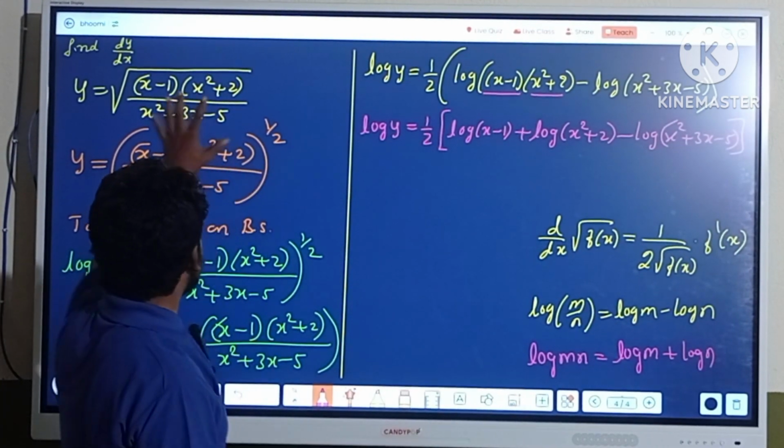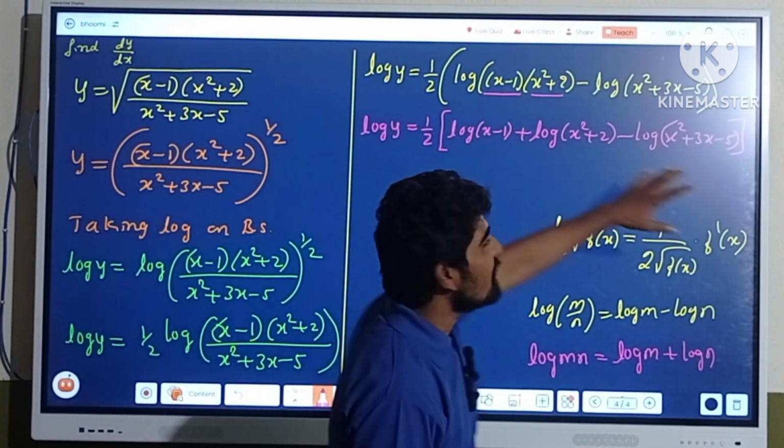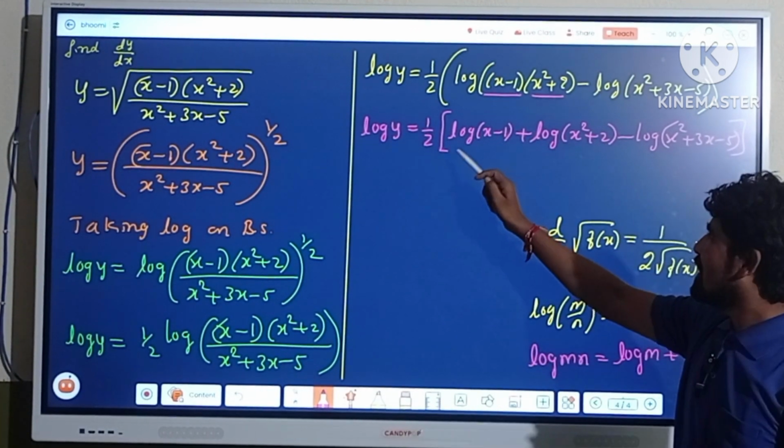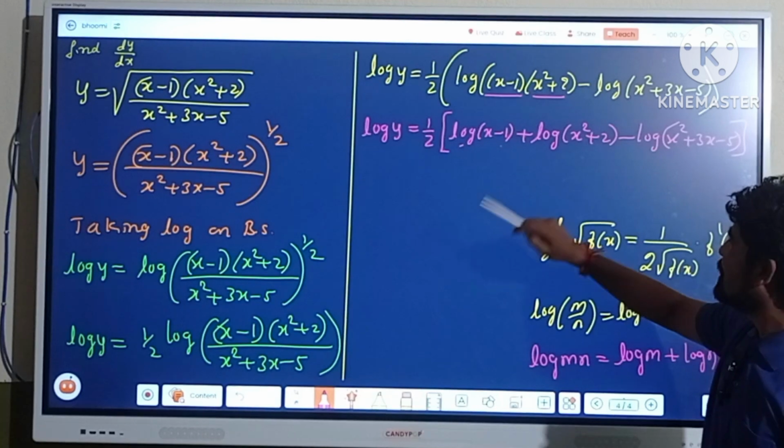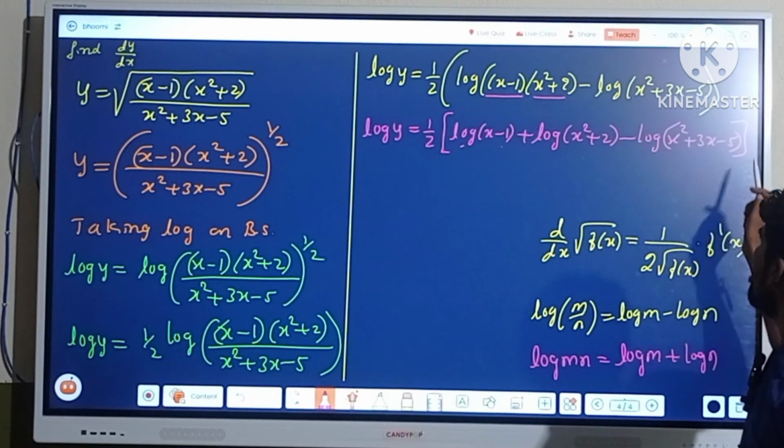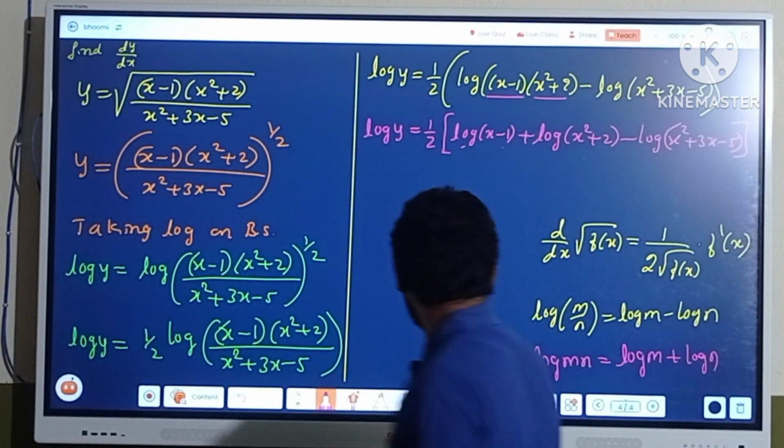Now this big thing is converted into simpler terms, because we can easily differentiate log of x minus 1, log of x square plus 2 and log of x square plus 3x minus 5.